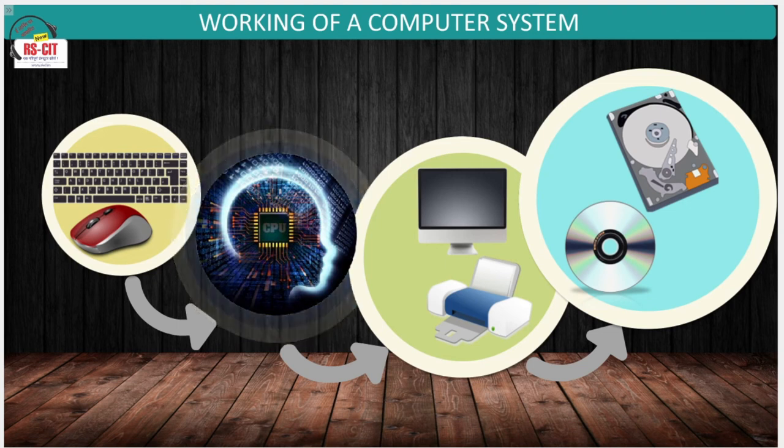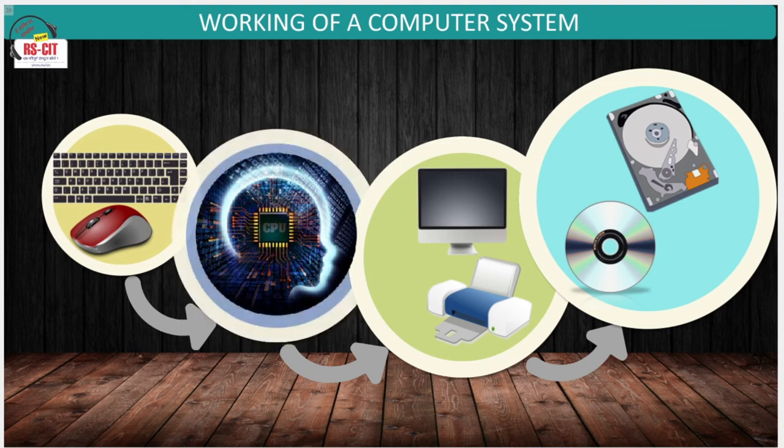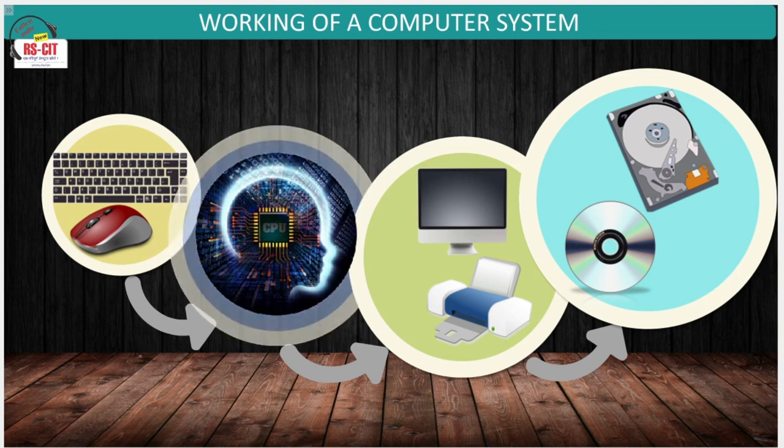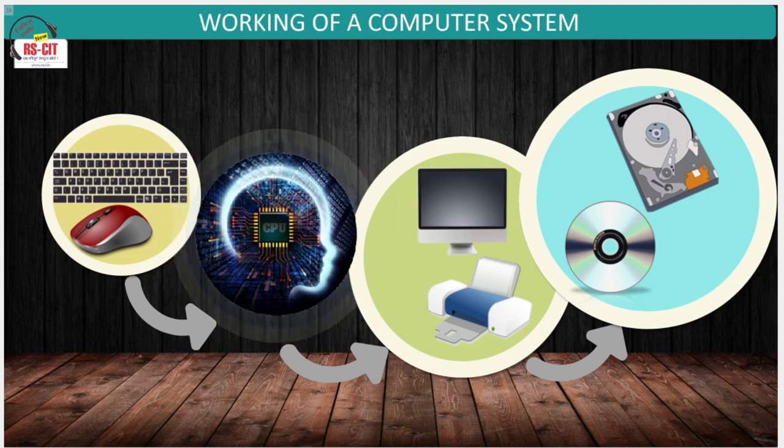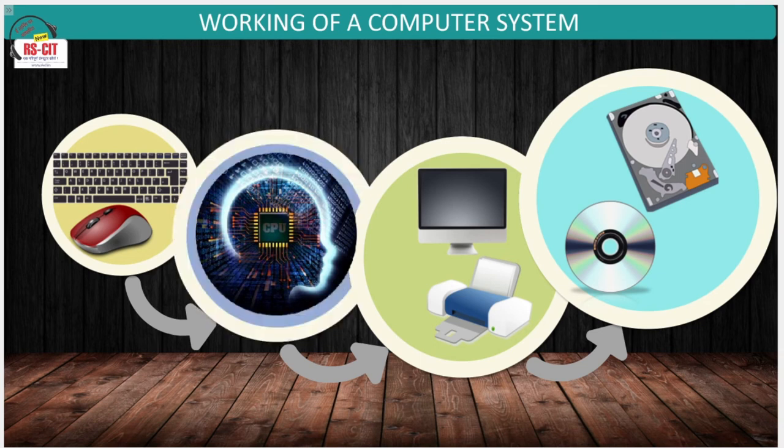Next comes the CPU, that is Central Processing Unit. It is also called the chip. A CPU, a processor or a microprocessor is often described as the brain of a computer. A CPU is an integrated circuit or chip which processes instructions and data.